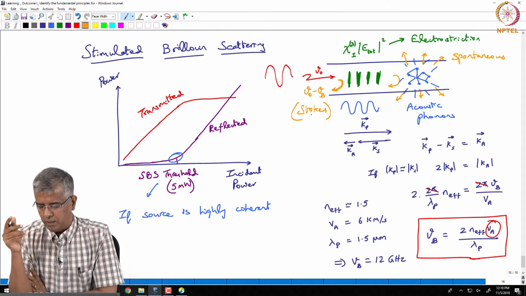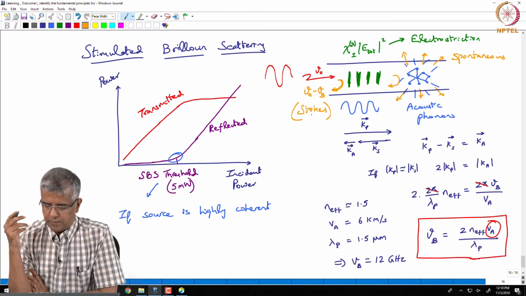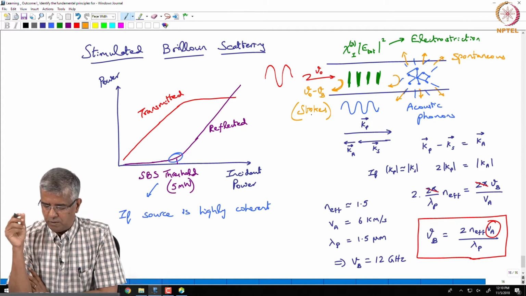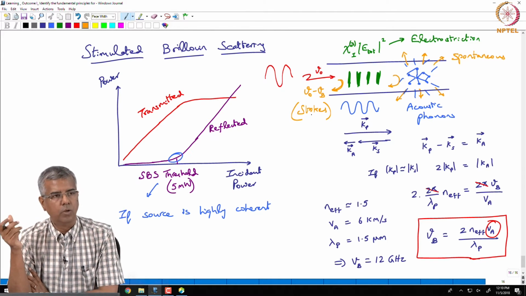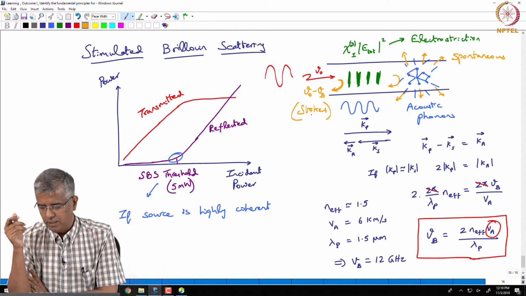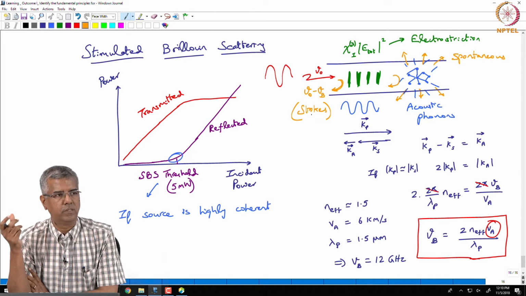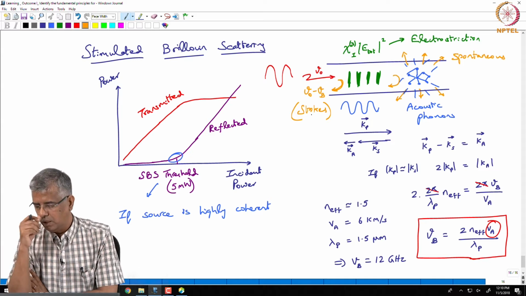So, whenever it is a process where part of the energy is given to the medium and you are scattering off with lower energy, right, that sort of process is called a Stokes process.